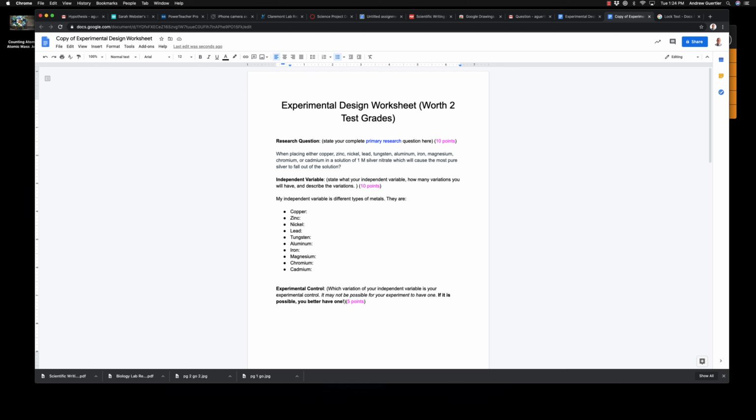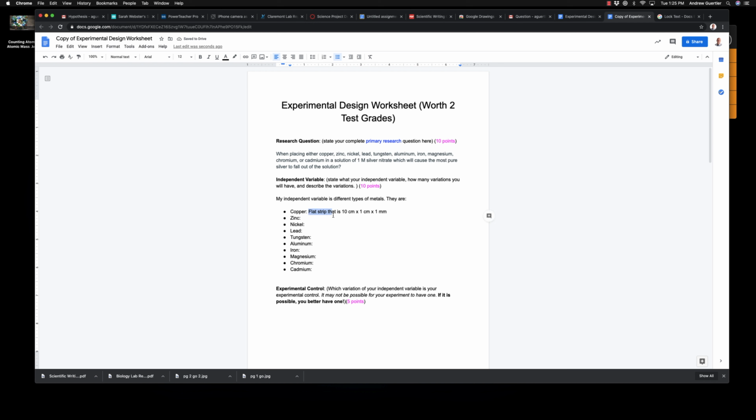So I'm going to use a flat strip that is 10 centimeters by 1 centimeter by 1 millimeter.